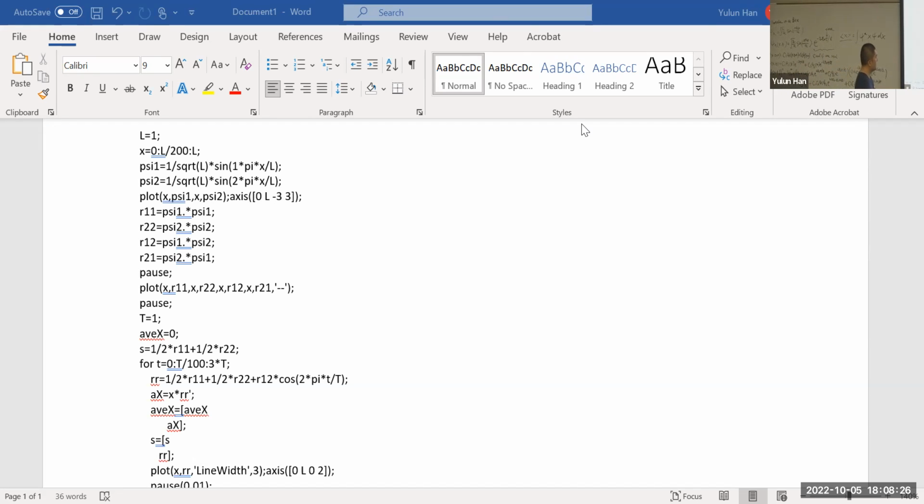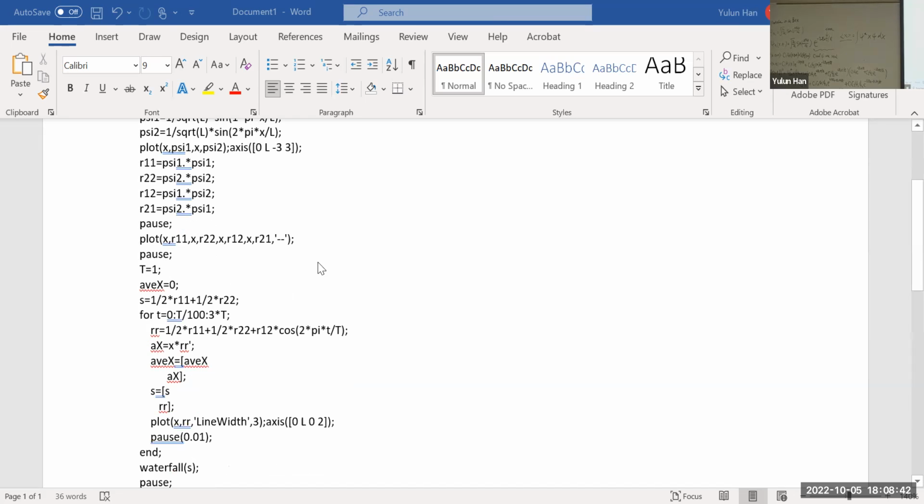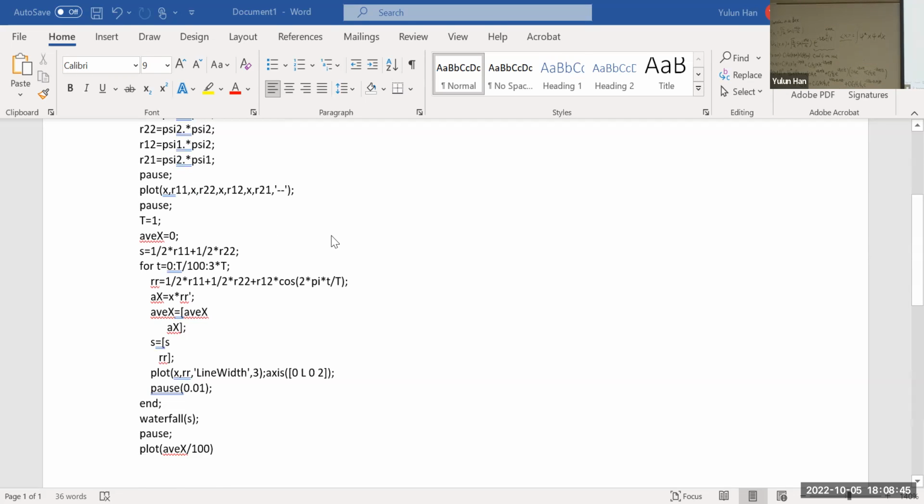So at pause 0.01, right at the very bottom, what does that mean? It's just that you wait for some period of time. Okay, that makes sense. But they do it quite before it stops. Oh, now it's just freaked out.